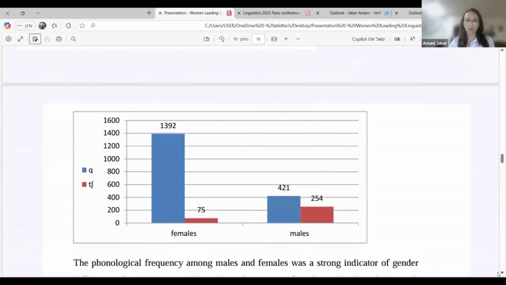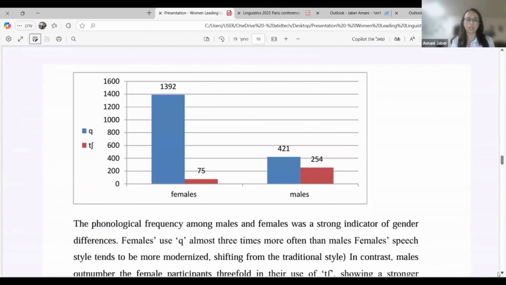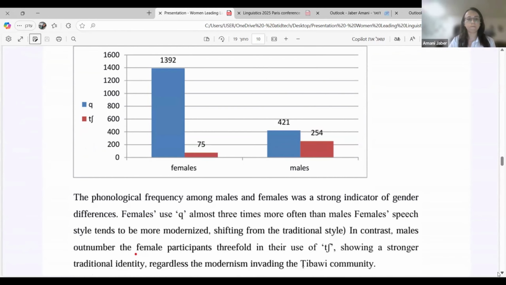Now, looking at more examples, I have to say that this study was carried out over a period of 5 years, where I went out and recorded people's speech and tried to analyze what was going on. Again, we see a strong indicator of gender differences, where females use the ka sound, a phonological variable indicating modernized speech style, 3 times more than males.